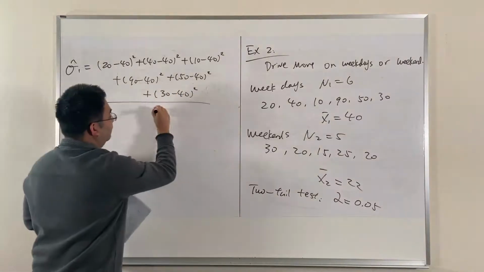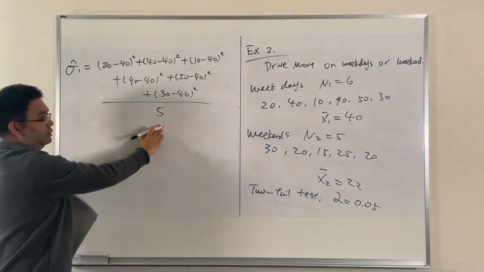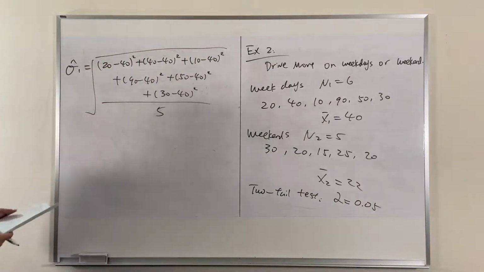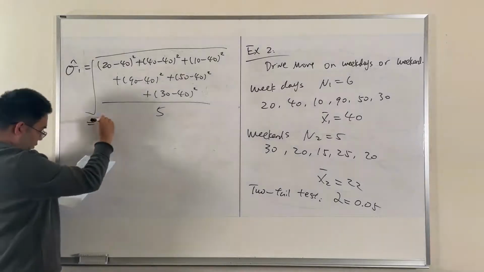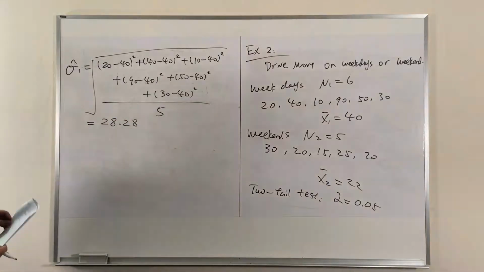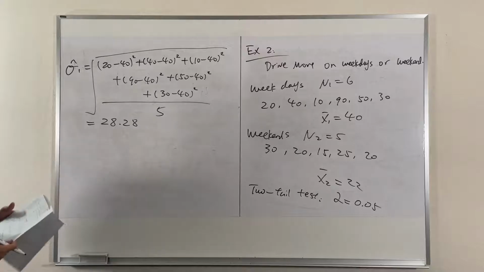And then we're going to divide by 5 because n minus 1, 6 minus 1. Then we take the square root of this, and the value we get is 28.28. That's our first sample standard deviation.